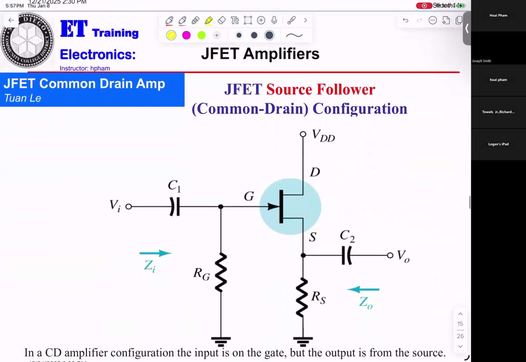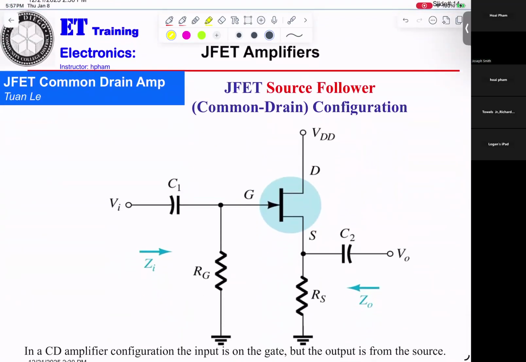The next one, common drain. This is a common drain. Now, how do we know? Looking into the circuitry, you can see where V in is applied and where V out is.